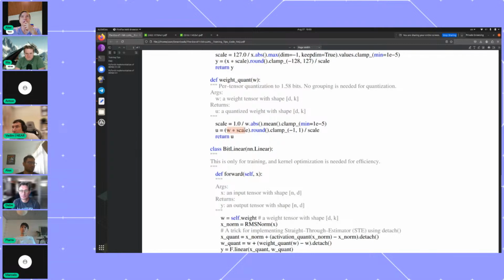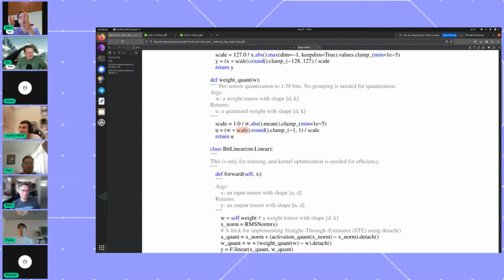So W times scale means W divided by the absolute mean value. Then you round it. So what happens here is that after you divide every value by the abs mean, you will get something.